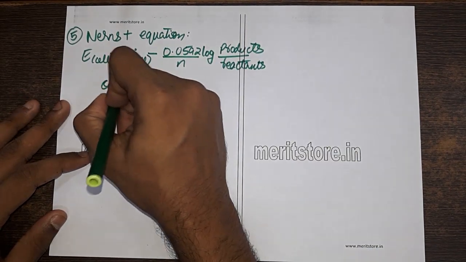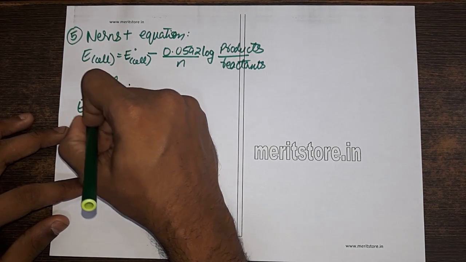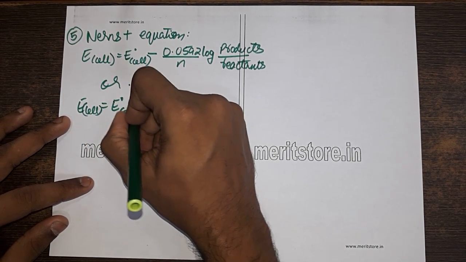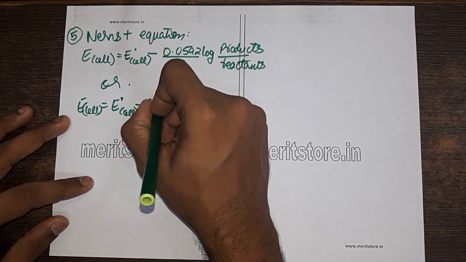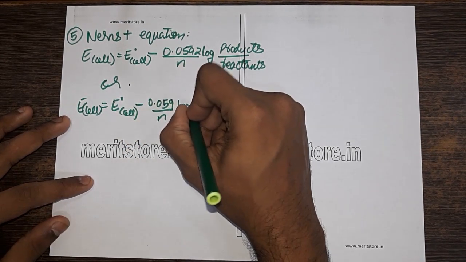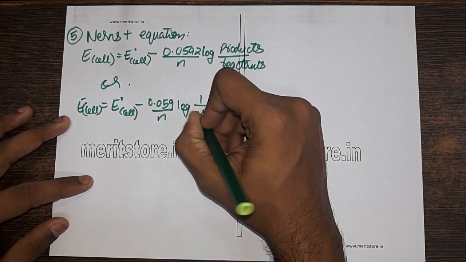Or another form for Nernst equation is E of cell equals E degrees of cell minus 0.059 by N log of 1 by M raised to n plus.